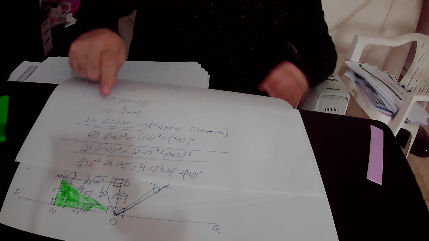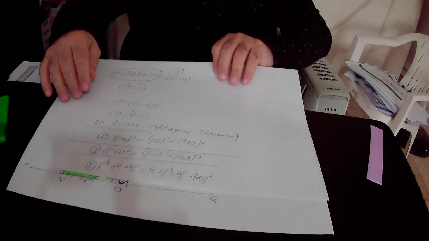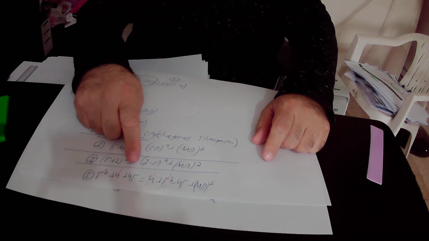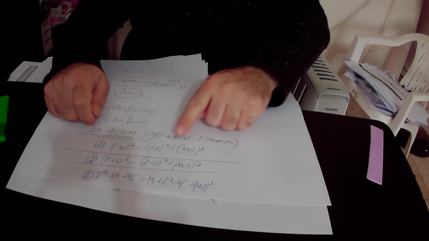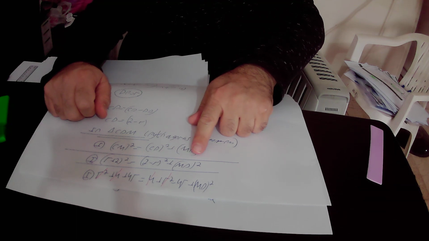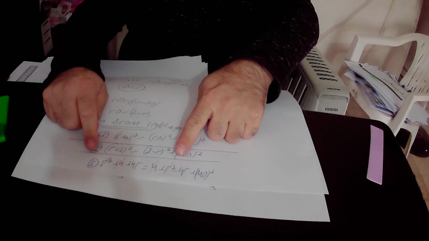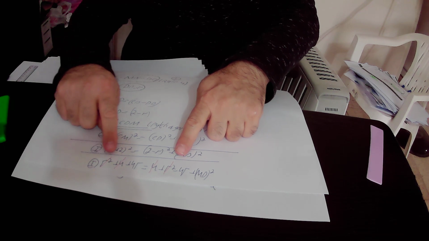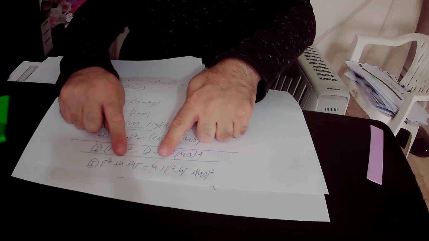We open the brackets on both sides of equation number 1 and we got that (R plus 2) square equals R square plus 4R plus 4, and (2 minus R) square equals 4 plus R square minus 4R, plus MD square. Here we have R square on both sides of equation number 1, so R square will get cancelled. And we have also 4 on both sides, so 4 will also get cancelled.